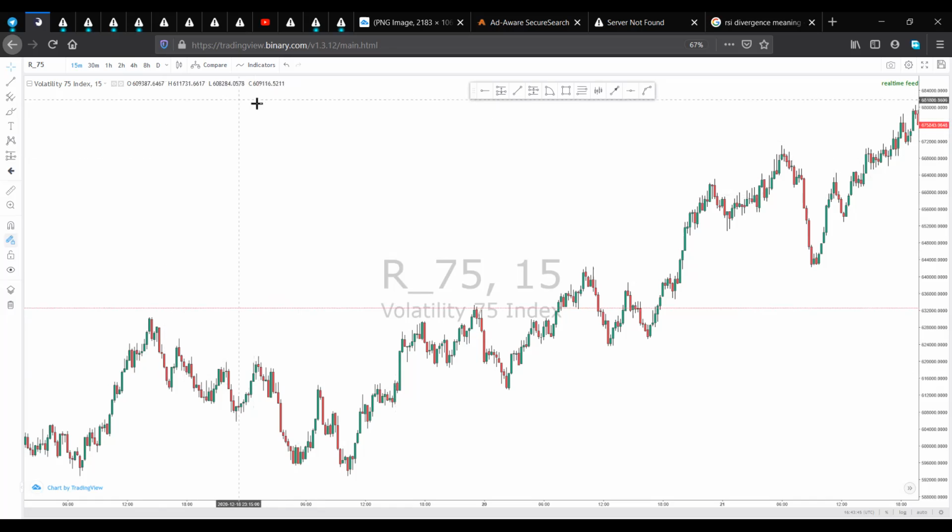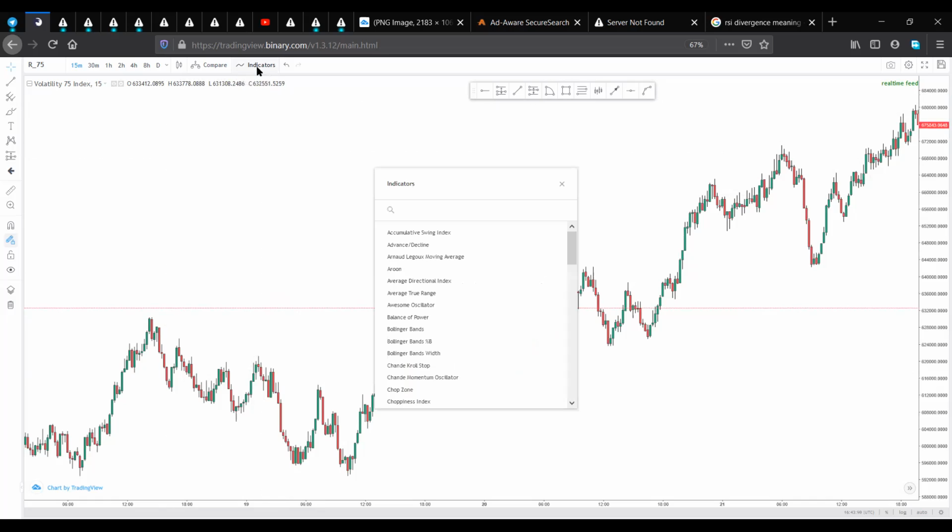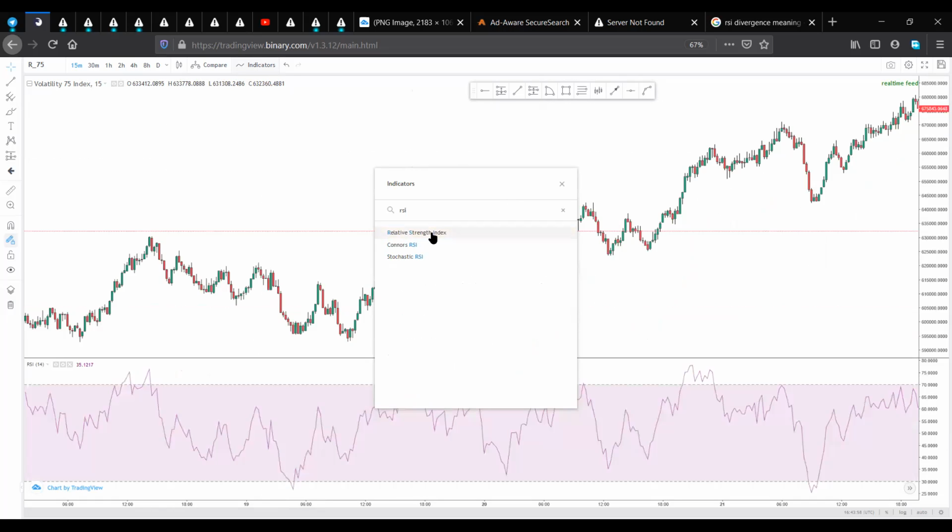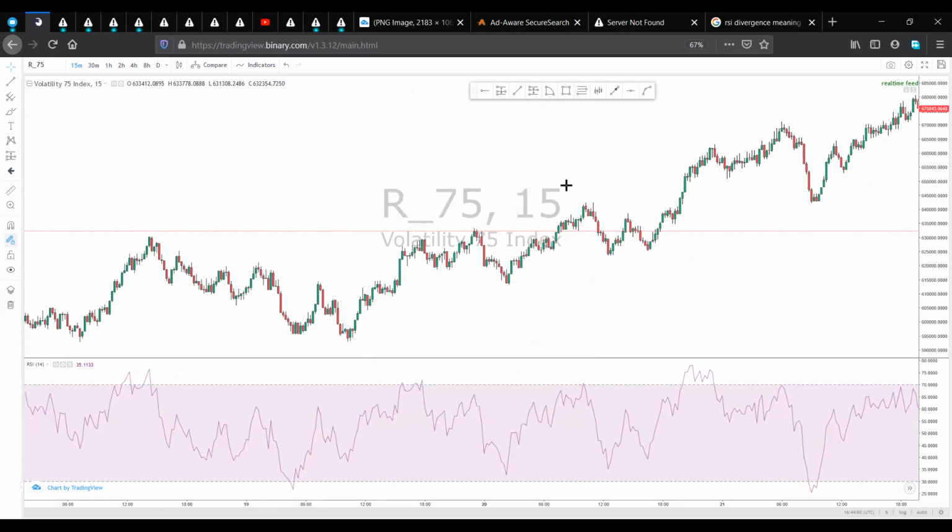Okay, so we are going to add the RSI indicator. You can go here to the indicators, then write RSI. It stands for Relative Strength Index. And we are using the defaults.